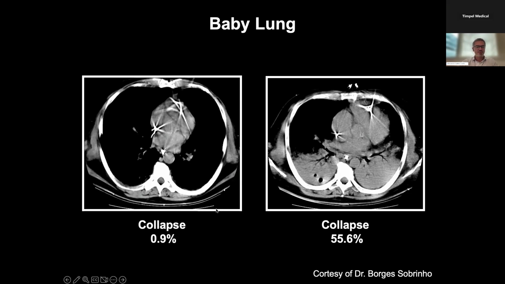The big difference in the image is due to differences in PEEP. So this means that there was a lot of collapse here, more than half the lung collapsed, when the patient was at a low PEEP value. At a higher PEEP value, most of that collapse disappeared. So this is the concept of recruitable collapse. It's a collapse that can go away depending on your PEEP value.